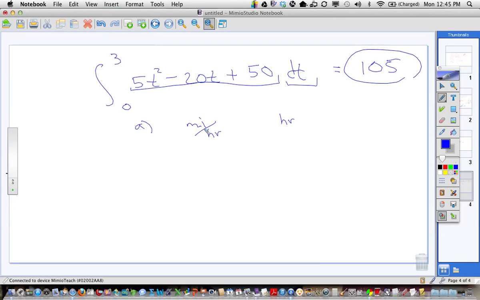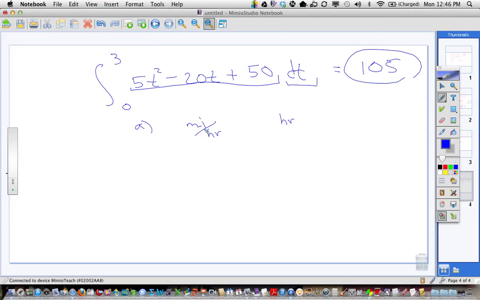Now, I wrote something up here on the board that's going to become important, especially in part C. When we talk about the integral of a rate of change, which is what we have here, the answer to that is the accumulated net change. We only get total amount of change if it's the absolute value, or we know that the rate of change is always in one direction.